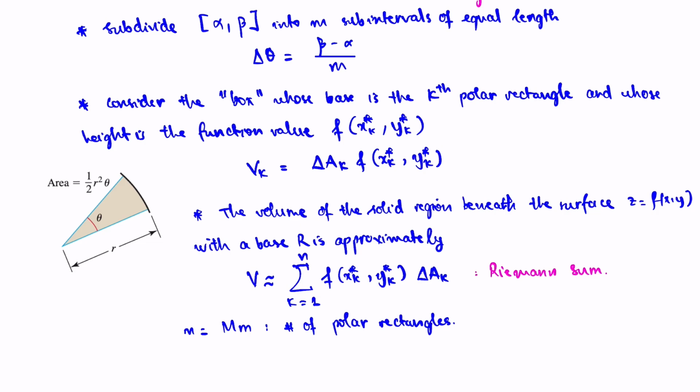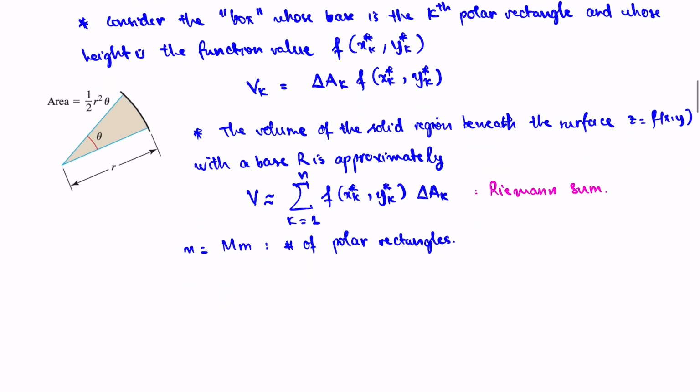If we want to increase the accuracy of the approximation of the volume, what we can do is increase the number of polar rectangles we use in the approximation. We increase that to infinity.